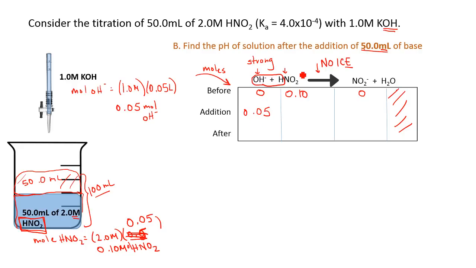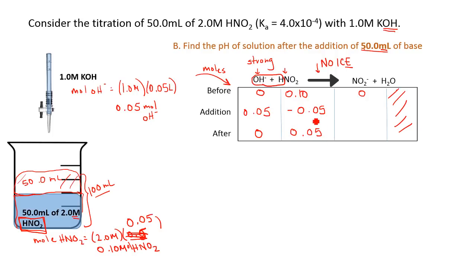Okay, this is a forward moving reaction. One of these two reactants is going to have to be completely consumed. This guy is my limiting reactant because I have the smallest amount of hydroxide. I have more acid. So this guy's going to go to 0. I'm going to lose 0.05 moles of this because he had to go over there and neutralize the hydroxide. So I have 0.05 moles left.